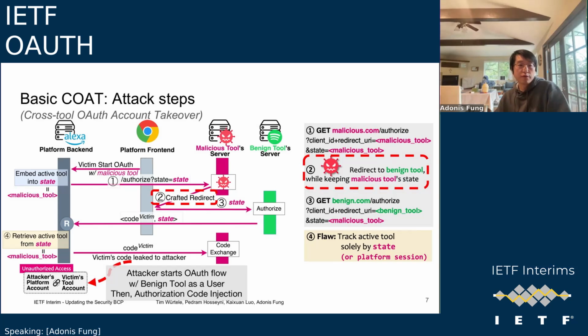Okay. So as we move on to the second step, once your browser hits this malicious authorization server, which basically does nothing about authorization, all it wants to do is to steal the authorization from another tool. So the way that we launch this attack is when you hit this malicious tool server, on the third column, you see an evil logo over there.